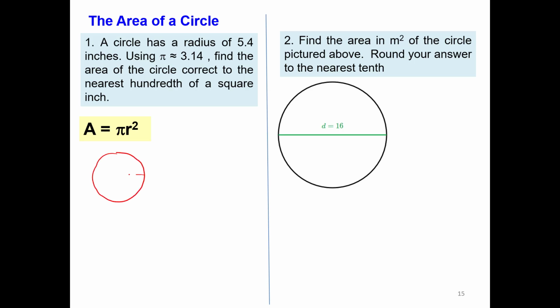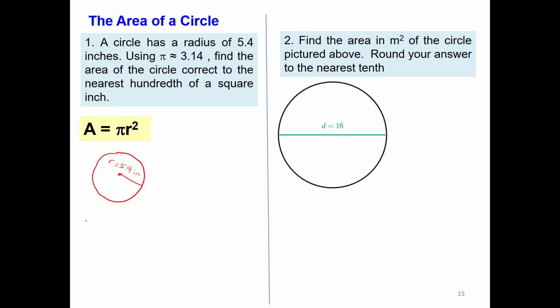The radius is the distance from the center to the circumference, to any point. Then this distance is 5.4 inches.